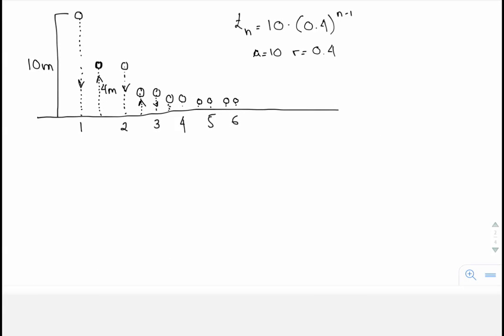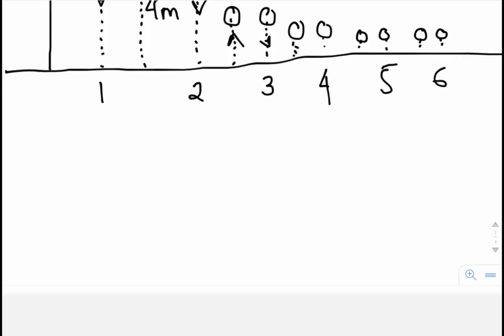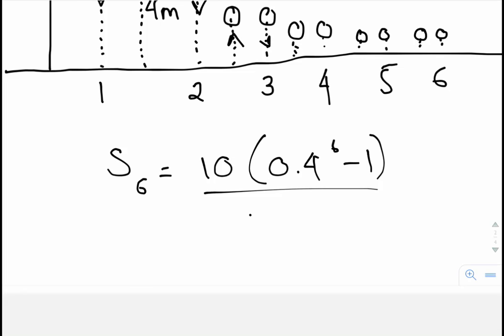So what I'm looking for is the total distance traveled after 6 bounces. So what I'm going to do is add up all those distances using my geometric series formula. So 10 times (0.4 to the exponent 6, minus 1) all over (0.4 minus 1).